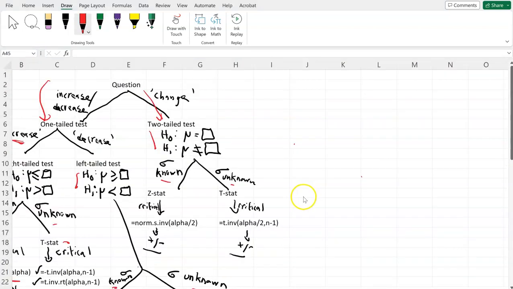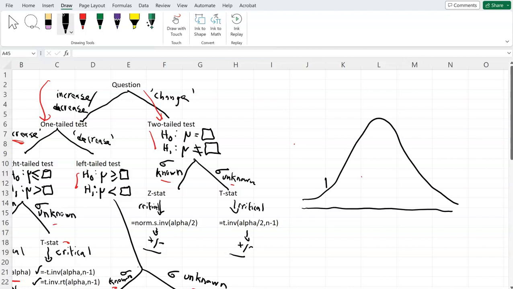Now for a two-tailed test, we would have two critical values, one to the left and one to the right. If this is my distribution, one would be here, either the t or the z critical value, the negative one, and the other critical value right here, the positive one.